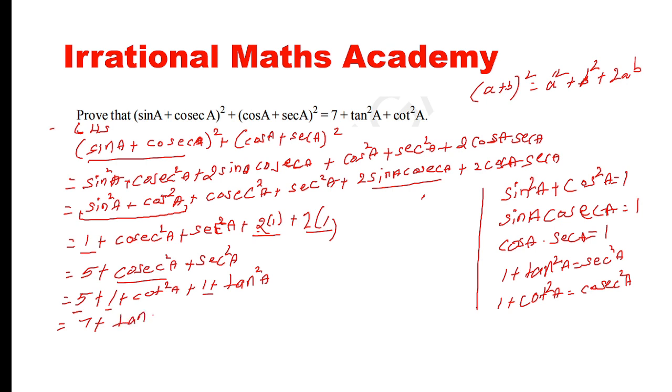Then tan square A plus cot square A. This is nothing but our RHS. Therefore, you can write LHS equal to RHS, hence proved. Hence proved.